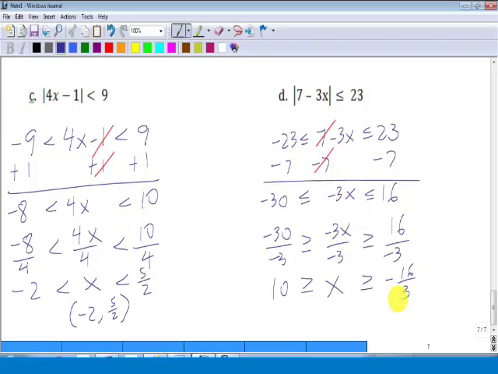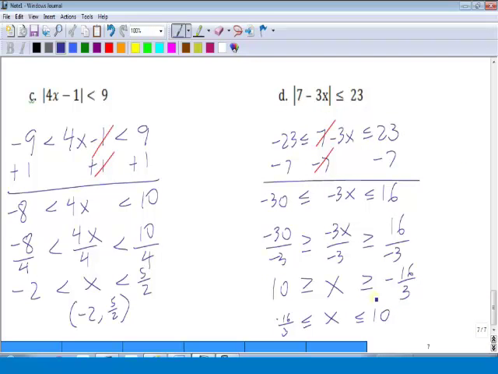Now, one additional step you might want to write before you put this in interval notation: take the -16/3 and put it on the left and reverse the inequality symbols. Not because we're dividing by anything negative, it's just that it's an equivalent statement, but we're ordering the numbers from left to right in the order in which they appear on the number line.